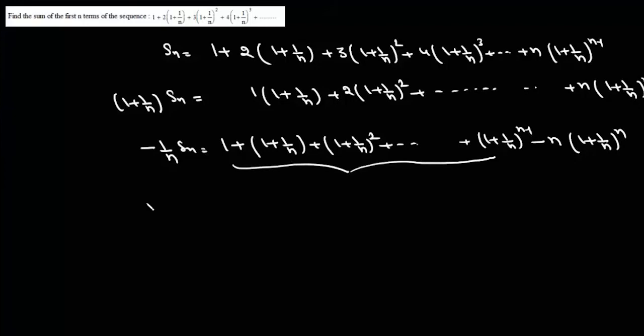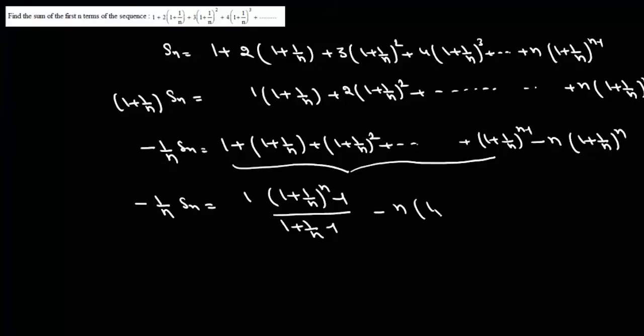So this minus 1 by n Sn will be a, and then r to the power n, which is (1 plus 1 by n) to the power n minus 1, upon r minus 1. So it will be (1 plus 1 by n minus 1), and minus n into (1 plus 1 by n) whole to the power n. Now this 1 and 1 will cancel.